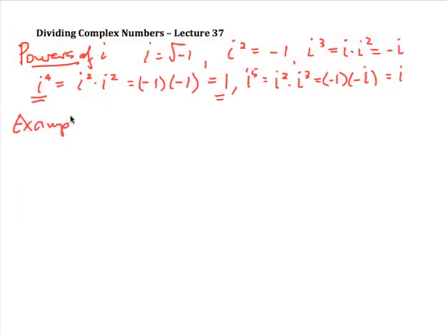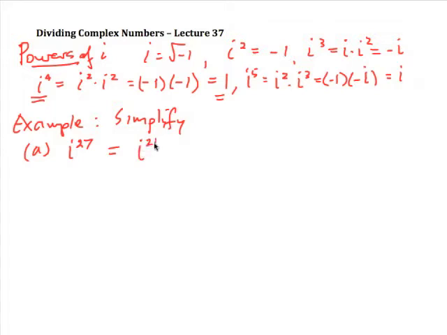So for example, let's suppose I want to simplify i to the 27. What I do is I look for the closest multiple of 4 to 27, but a little bit smaller than 27, so 28 would have been the first one, so 24.